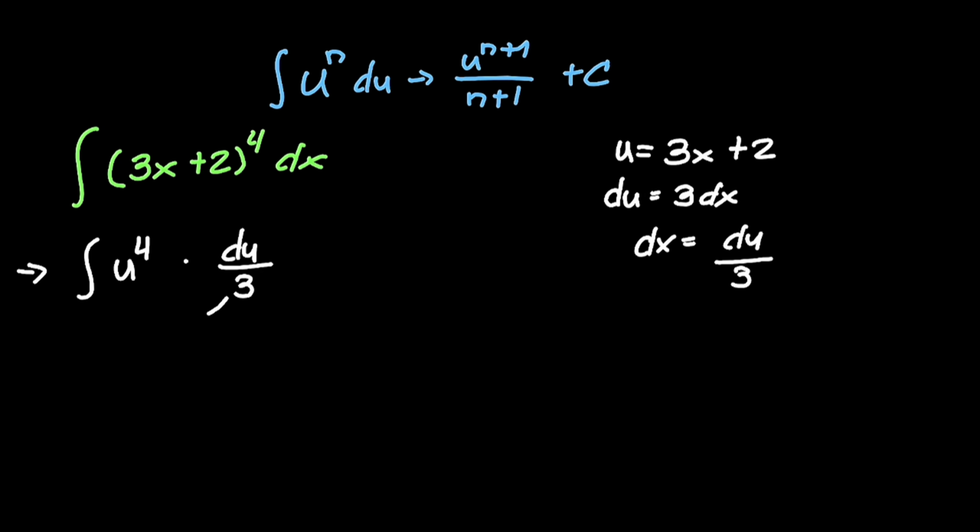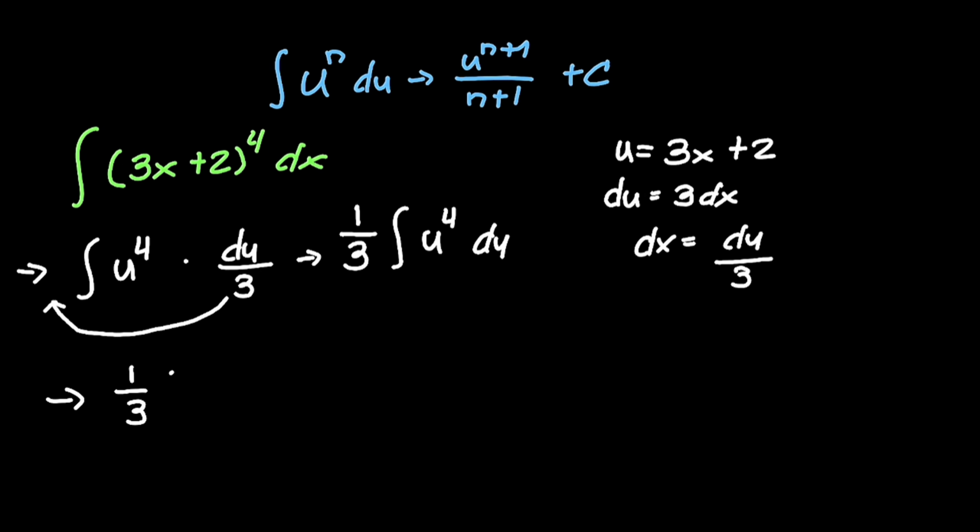You can put the 3 outside the integral, which makes this 1 over 3 the integral of u raised to the power 4 du. Now you can integrate it according to the formula, so you will get 1/3 multiplied by the integral of u raised to the power 4, which will be u raised to the power of 5 over 5 plus c.